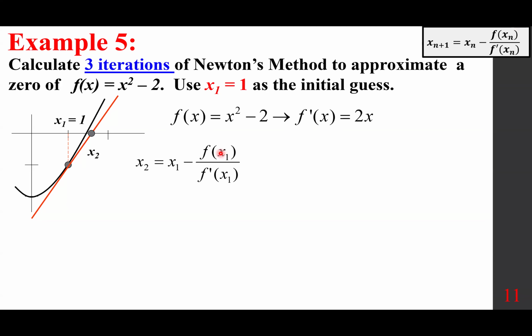So x sub 2 is x sub 1 minus f of 1 over f prime of x sub 1.